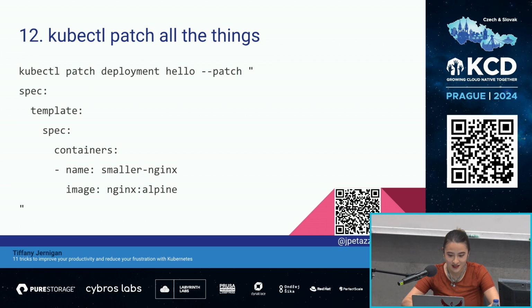Okay. So basically right now I just have nginx as my container name and my container image. So I could go and do a patch. Who here thinks that this will replace the image name and the image that's currently running?